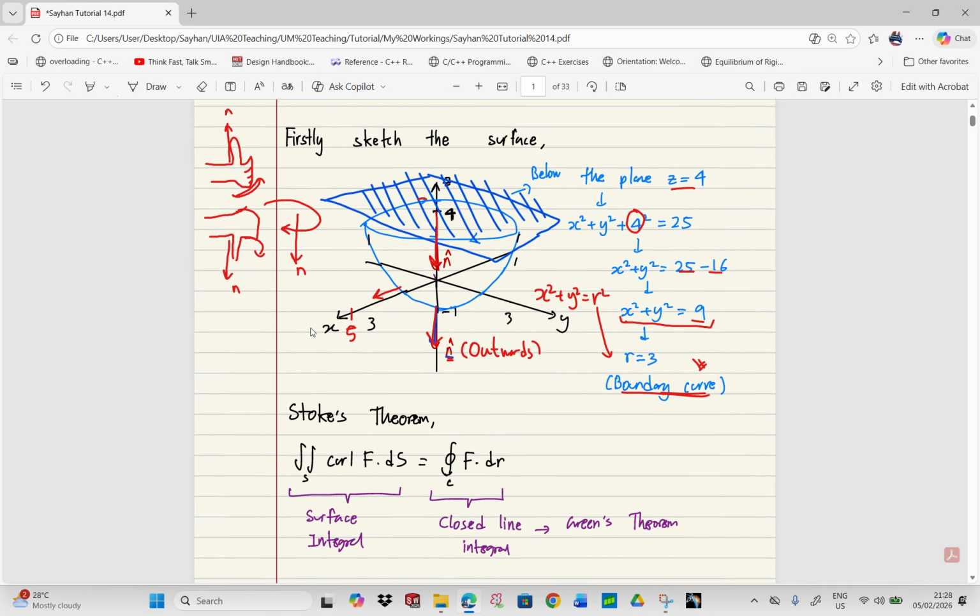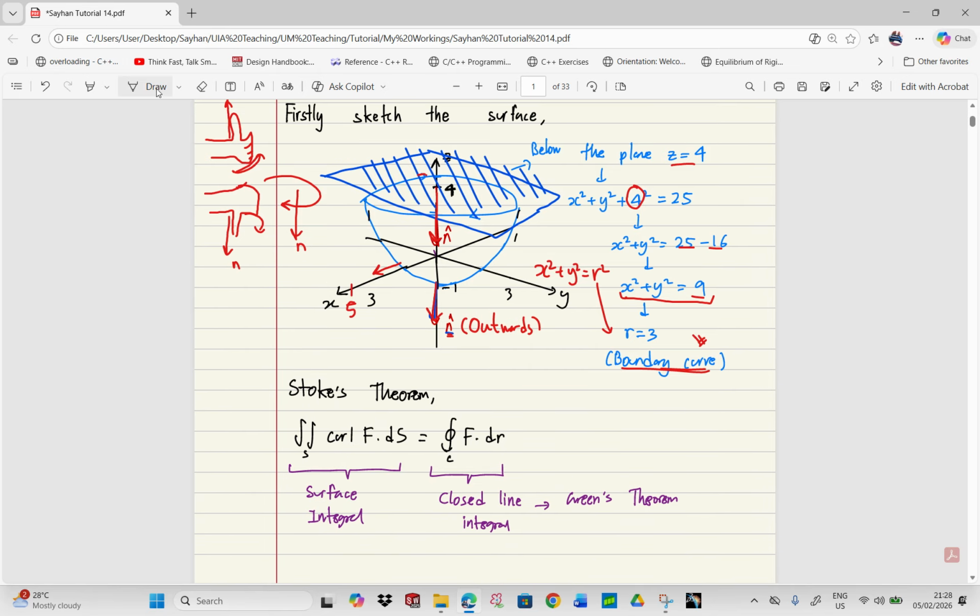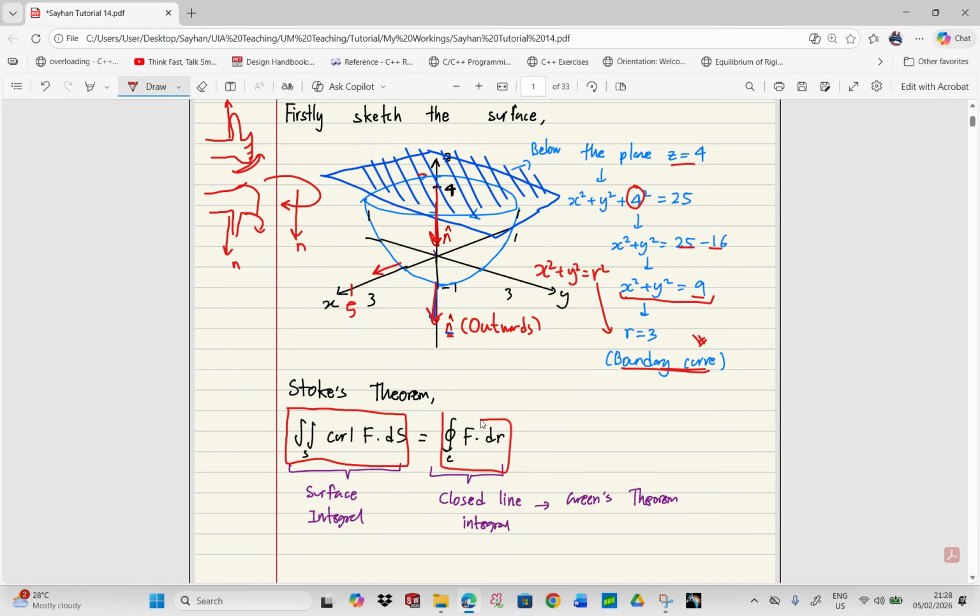Then Stokes theorem states that there's a relationship between the surface integral for the curl of a vector field, which is equivalent to a closed line integral of the vector field itself. So it's a relationship between surface integral and line integral of a vector field.